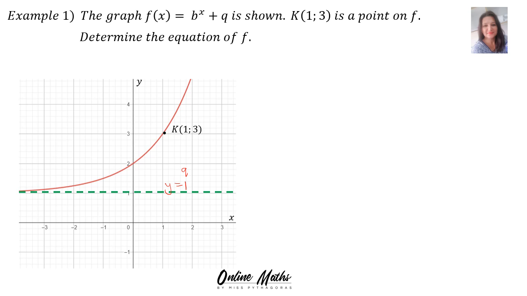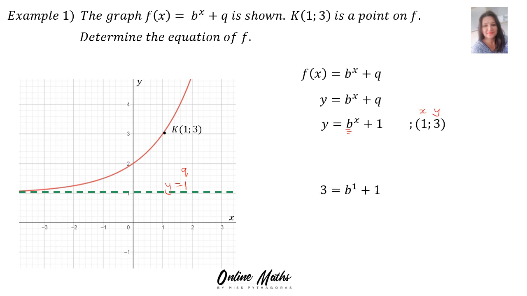So let's start. We will start with the equation that they gave us. f of x is equal to b to the x plus q. And then in q's place, we will substitute 1. And then now we will find b's value. So this is where we will use this other point, the point 1, 3, consisting of an x and a y to calculate b.